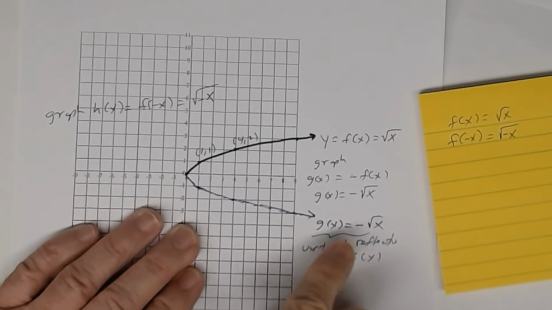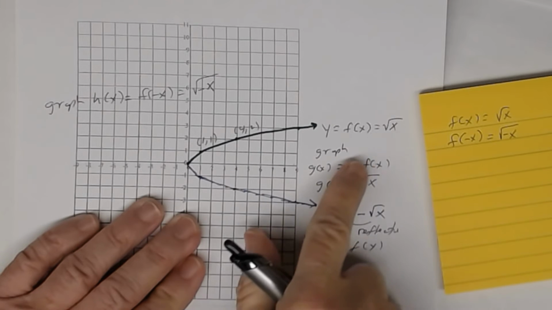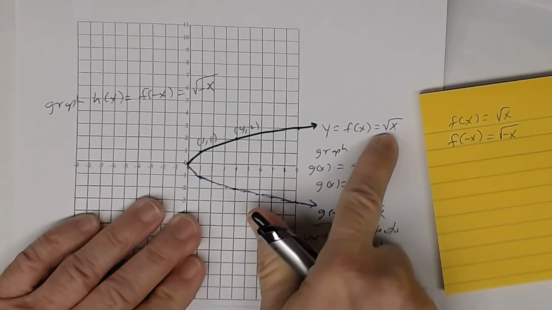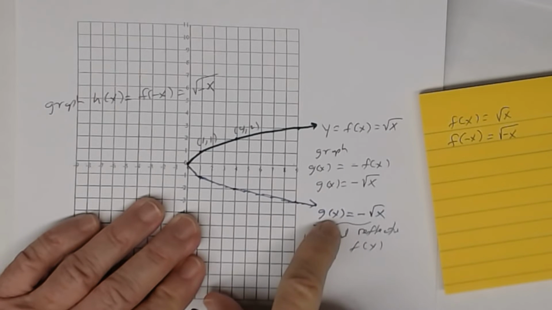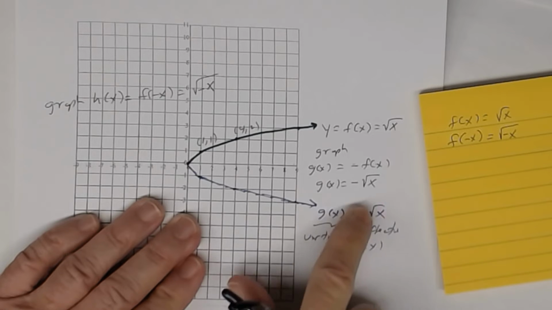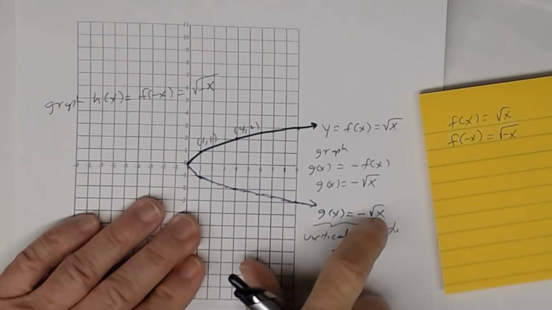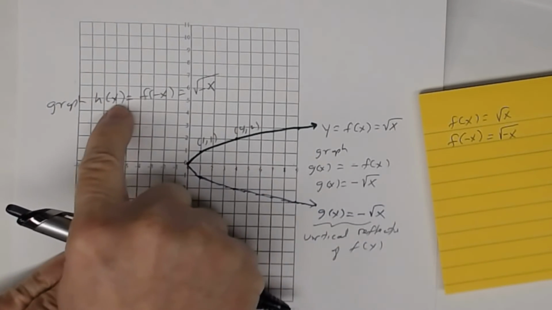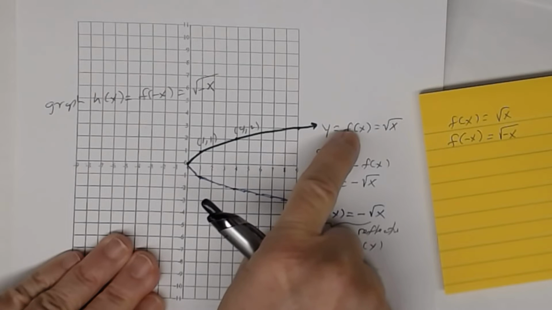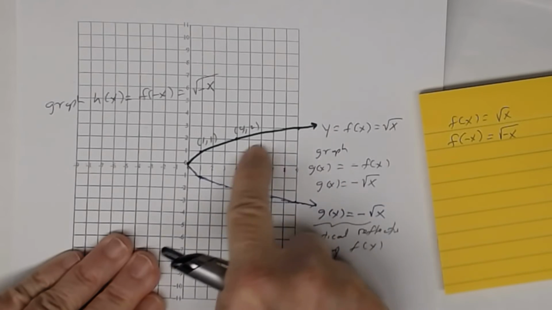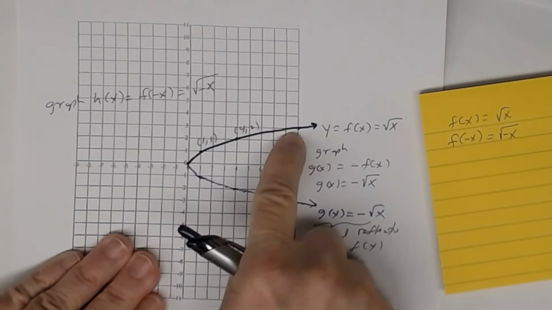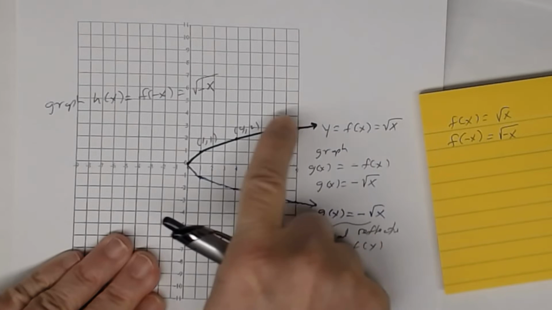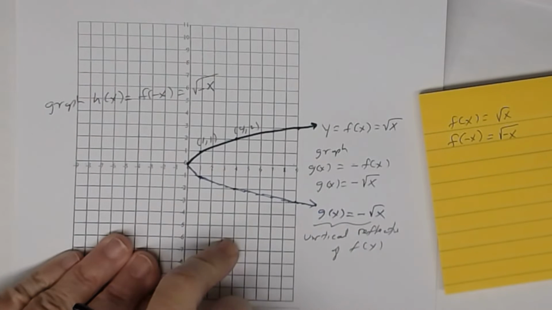When I did the vertical reflection, f of x equal square root of x, g of x would be the opposite of f of x, so the opposite of square root of x. Horizontal reflection, if this is f of x right here, and you want to do a horizontal reflection, you're going to find f of negative x, which is what this is, square root of negative x.